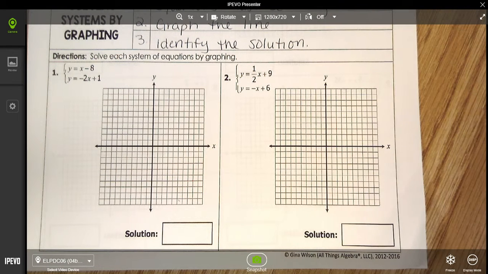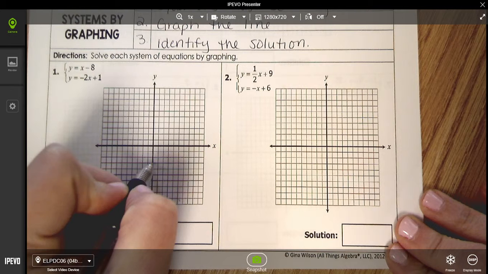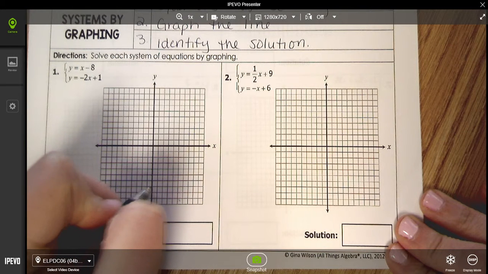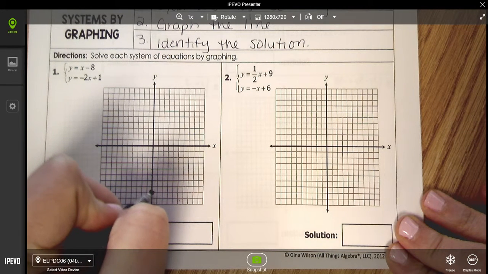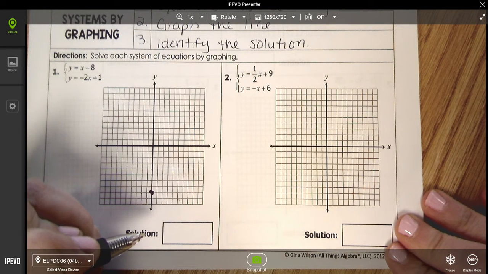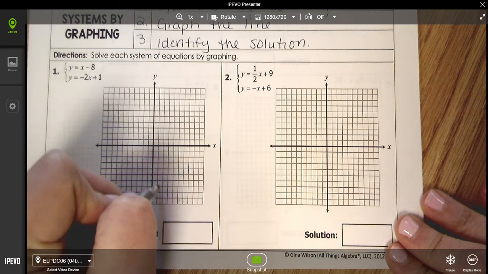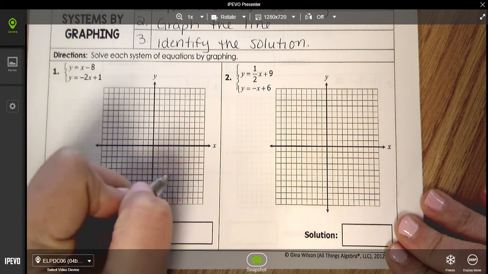So remember, the first point you start with is the number by itself, or your b. So in the top equation, that's negative 8. So we're going to go down 8, put a point, and then our slope is the number in front of x. So that's just 1. So that means we're going to go up 1 over 1. Okay, up 1 over 1.